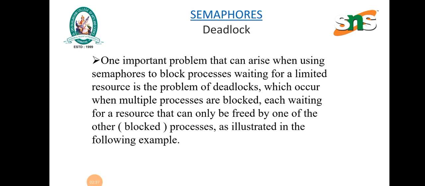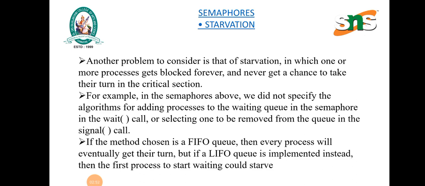And here, deadlocks. One important problem that can arise when using semaphores to block processes waiting for a limited resource is deadlock, which occurs when multiple processes are blocked, waiting for a resource that can only be freed by one of the blocked processes, illustrated with an example. Starvation: another problem to consider is starvation, in which one or more processes get blocked forever and never get a chance to take their turn in the critical section.